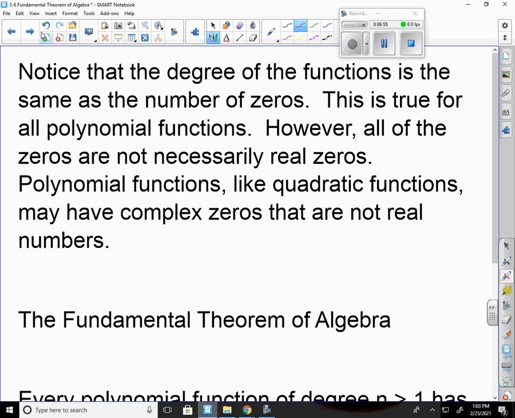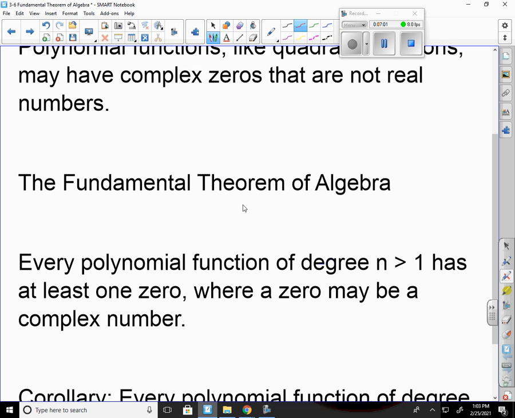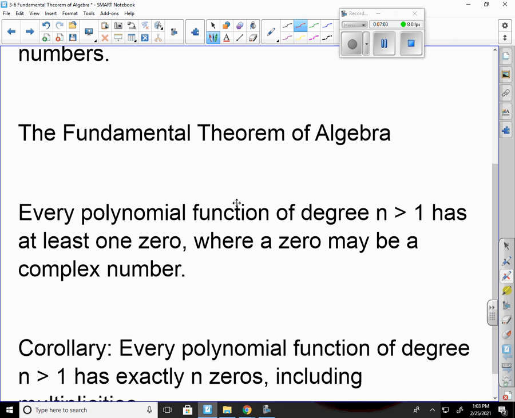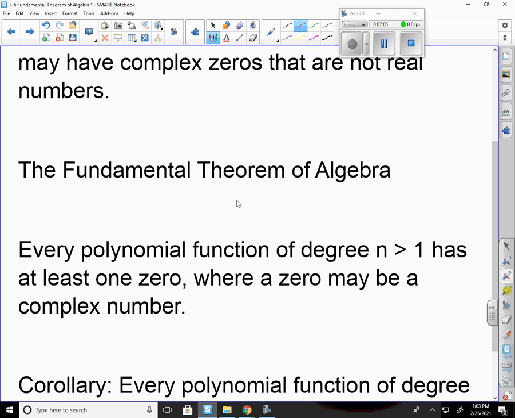And that's where the fundamental theorem of algebra comes in. So we might end up with some imaginary numbers here. Last section, we just stopped doing it if we got to the imaginary part. Now we're going to factor it all the way down. Every polynomial function of degree n greater than 1 has at least one zero, where the zero may be a complex number.